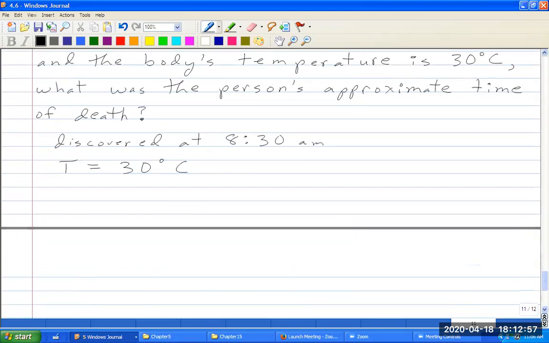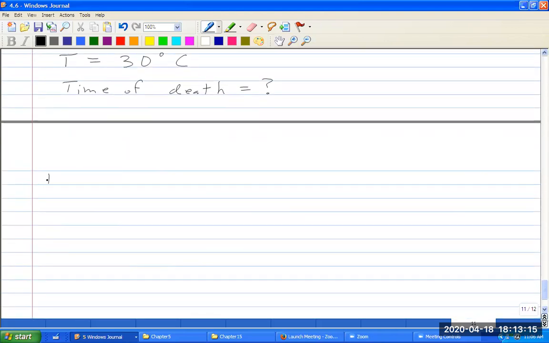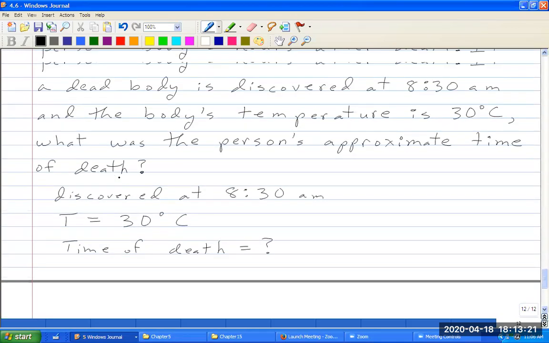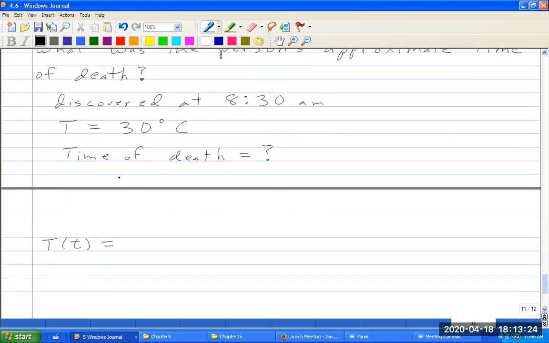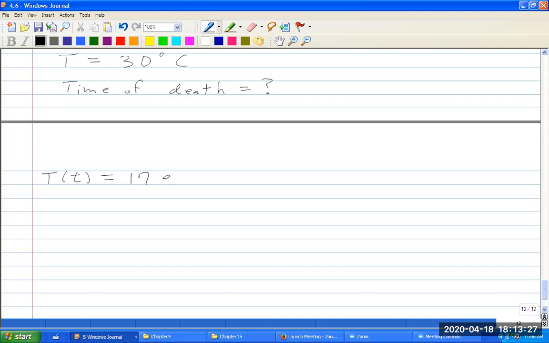So we want to figure out the time of death. First off, we have the following equation that T, the temperature of the body, is 17e to the negative 0.0626t plus 20.